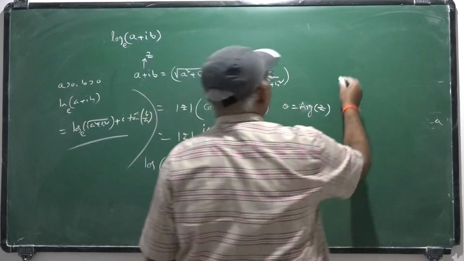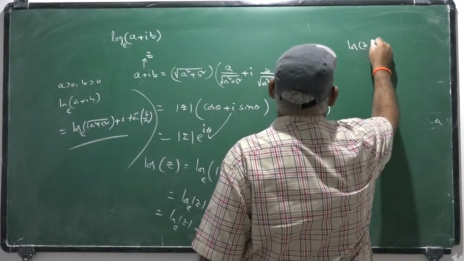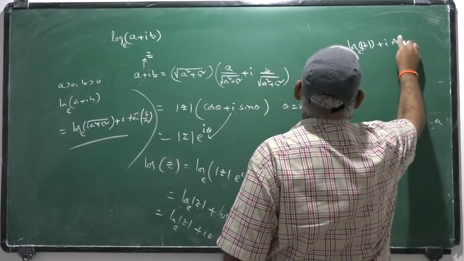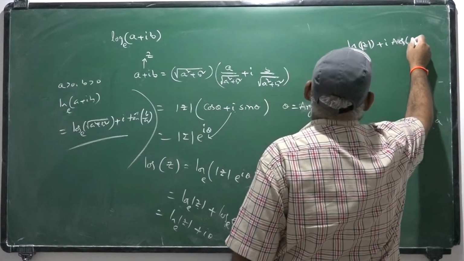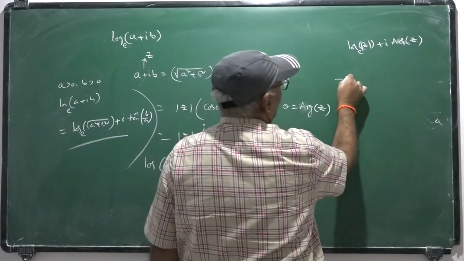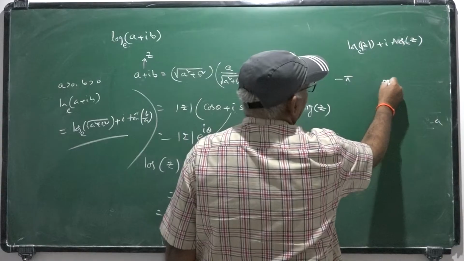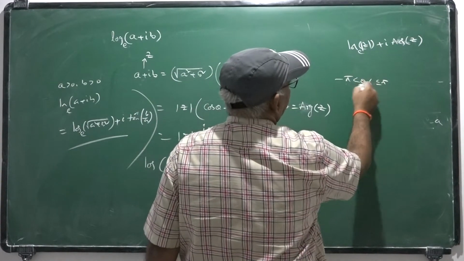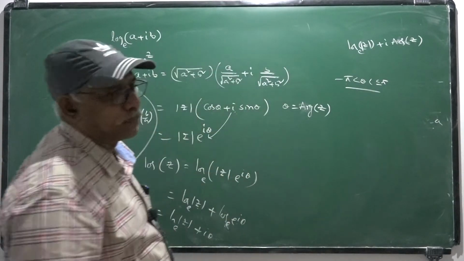That is log mod z to the base e plus i into the principal argument of z. The principal argument always lies between minus pi and pi, including pi.